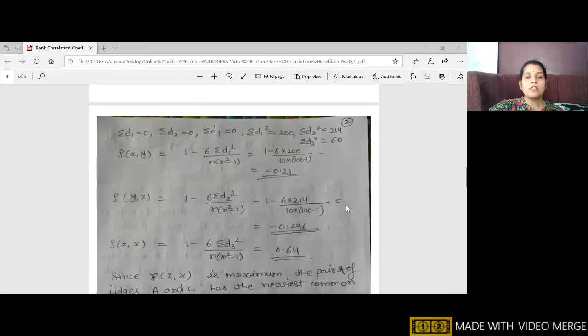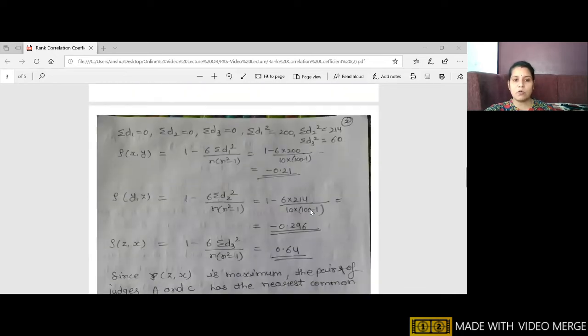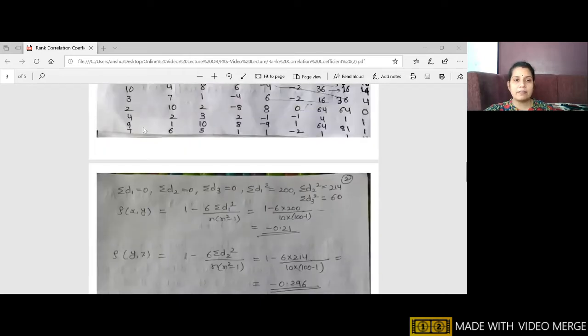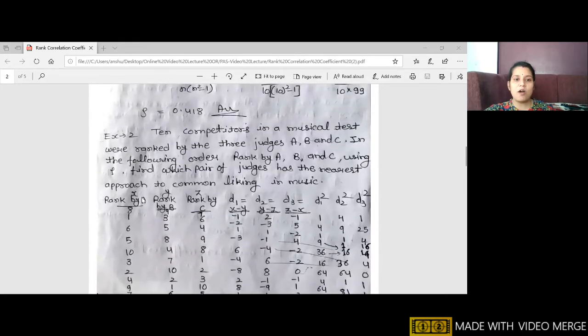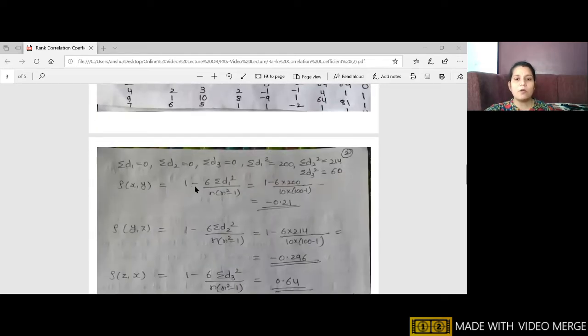Okay, so in our question, we have to find which pair of judges has the nearest approach to common liking in music. First we find the rank correlation of X and Y, that means judges A and B. The formula is 1 minus 6 summation D1 square divided by n into n square minus 1.